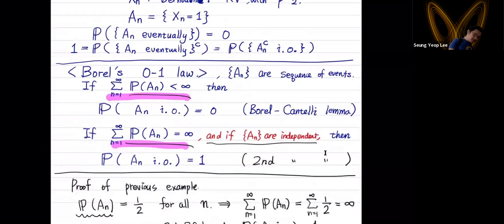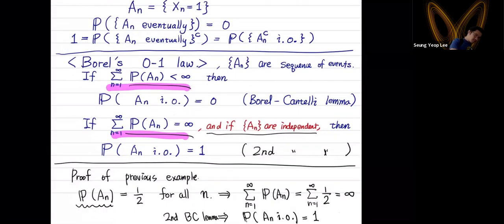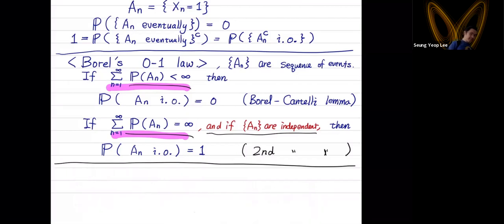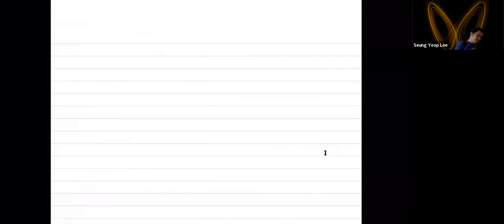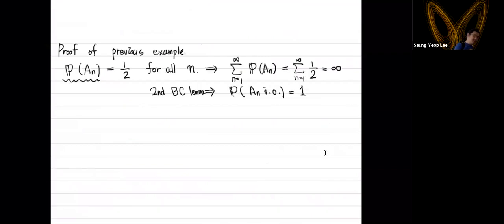Let me keep writing. Let me copy this one in the next page. Okay, so that's our application of the Borel-Cantelli lemma.